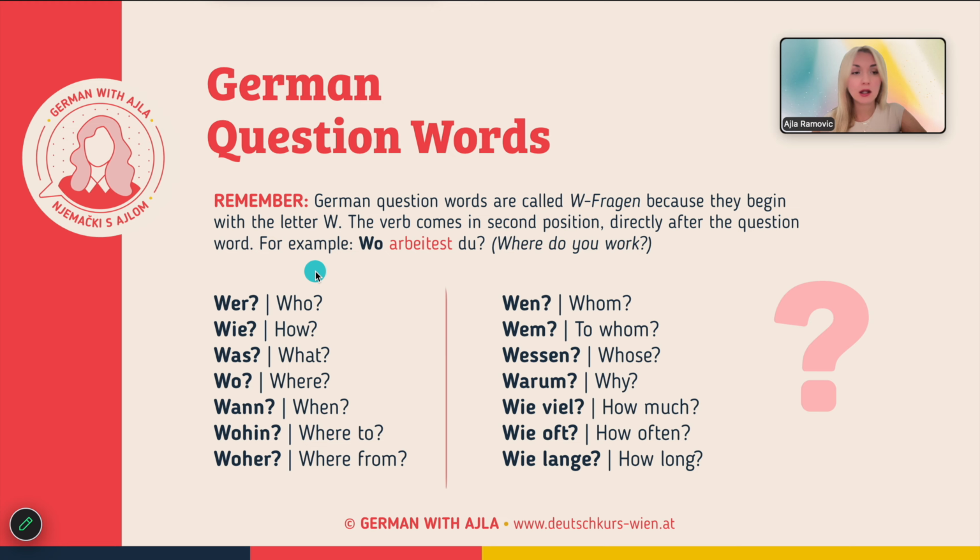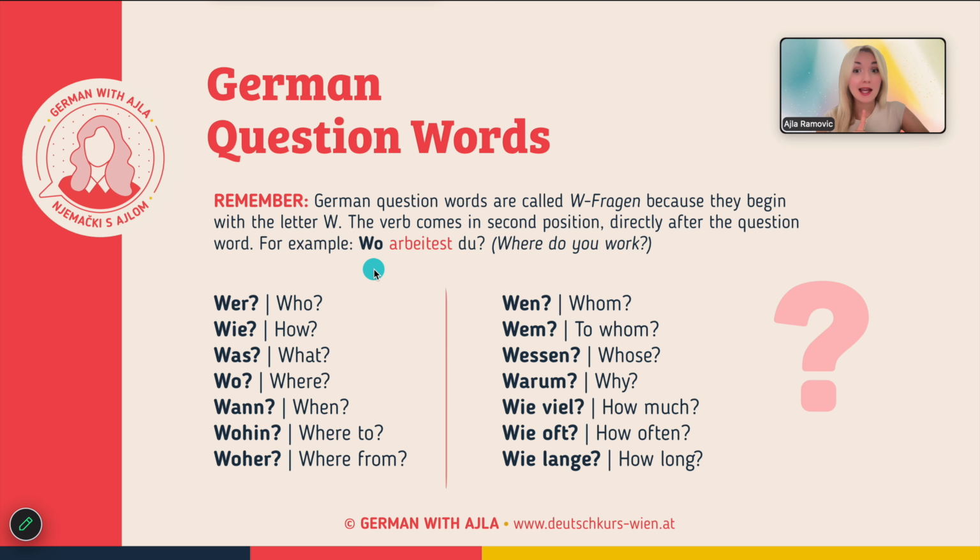For example, wo arbeitest du? Meaning, where do you work? Wo arbeitest du? And this is a very good example of how to use a question with a German question word. So the question word, in this case wo, where, has to take the first position.